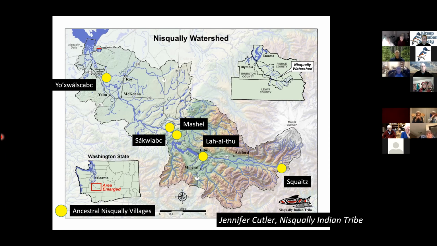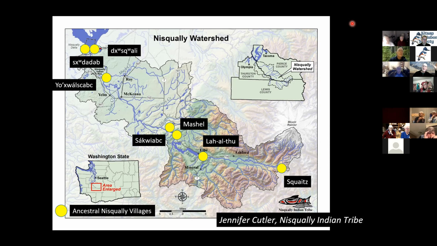And then down at the mouth of the river, as it empties into the sound, two villages, one on the right, Nisqually, which I believe means a place of hay, and the Nisqually Absch, the Nisqually people. Nisqually Absch means people of the grass, people of the river. So Nisqually means place of grass, I believe.